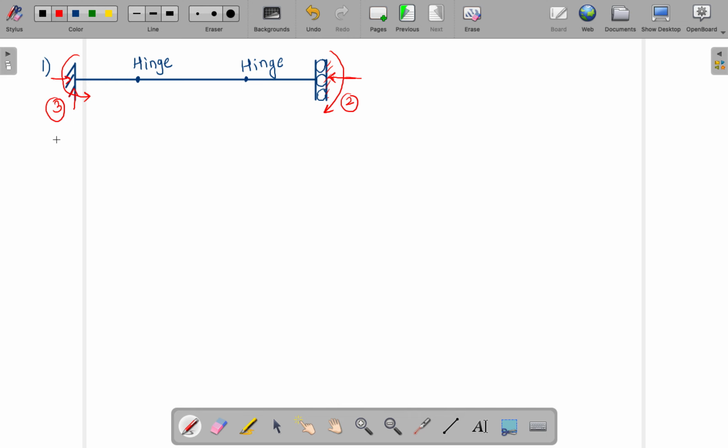So degree of static indeterminacy is equal to number of unknown reactions minus available equilibrium equations minus internal hinges.